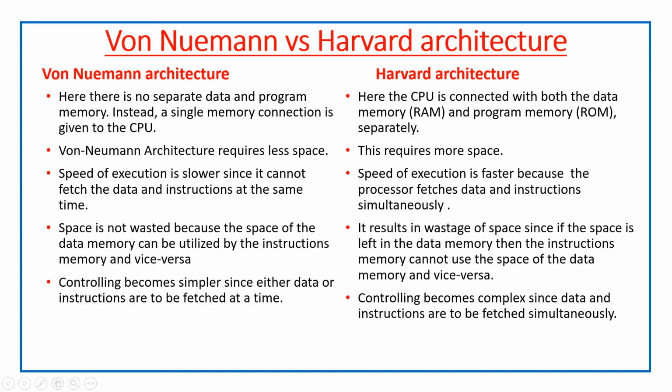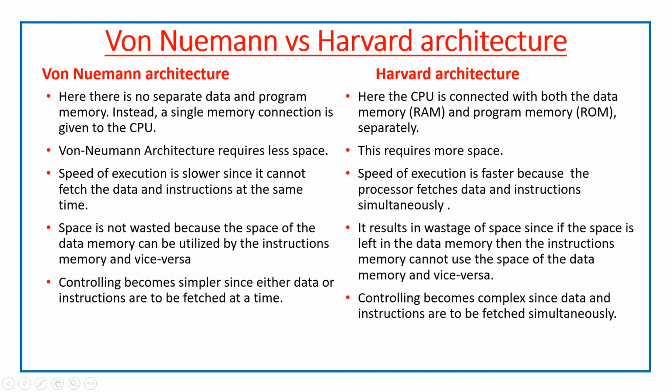Next point is space is not wasted because the space of the data memory can be utilized by the instruction memory. And in Harvard architecture, space is wasted because there are two different memories, one for data and one for instructions.